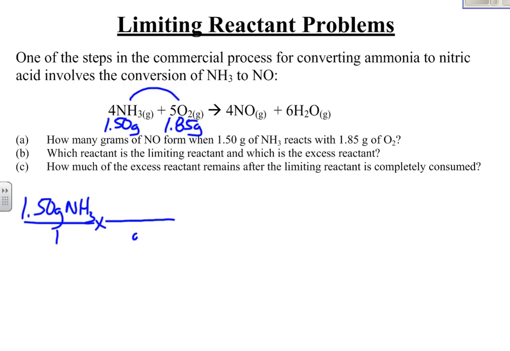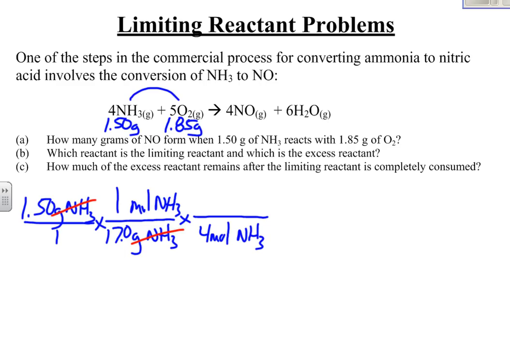So I'm going to go from grams of NH3 to moles of NH3. And the periodic table tells us that 1 mole is 17 grams. Next, we'll use our balanced equation, which tells us that 4 moles of ammonia will react with 5 moles of oxygen.